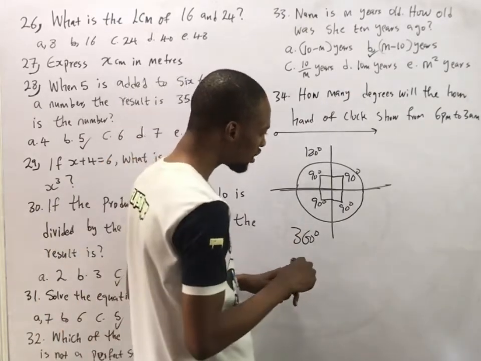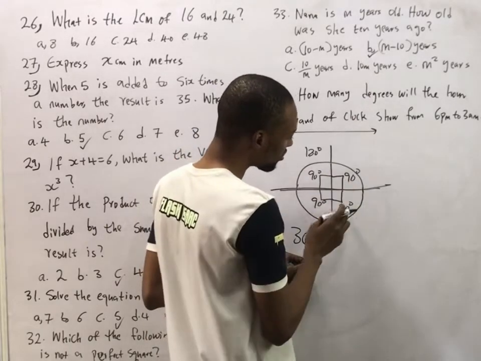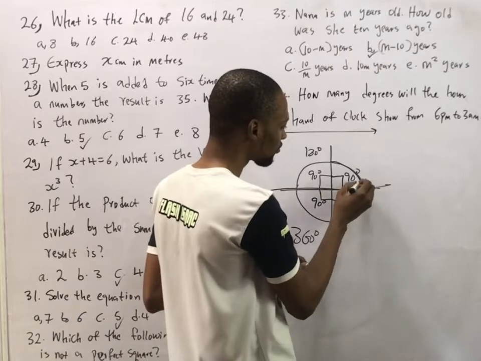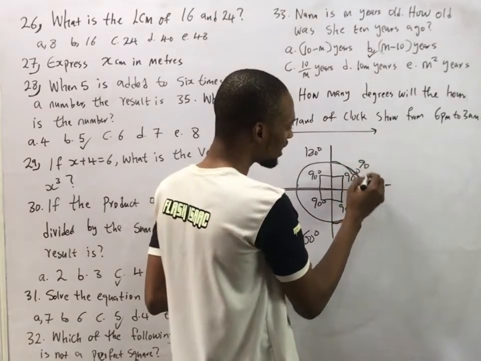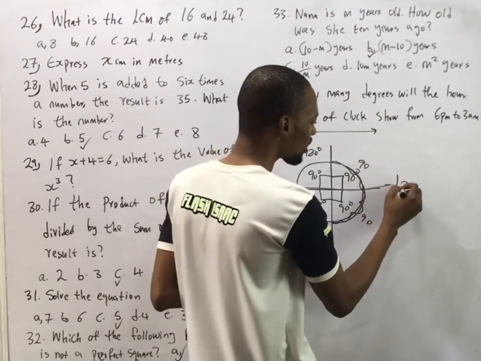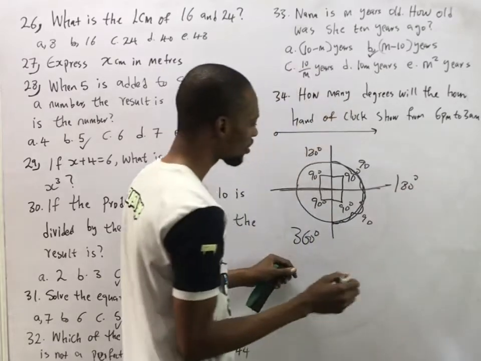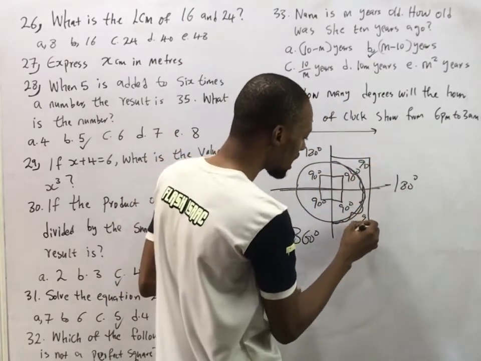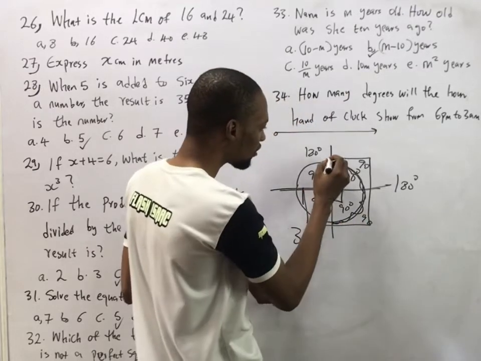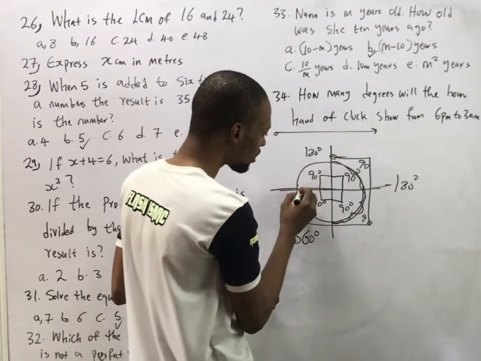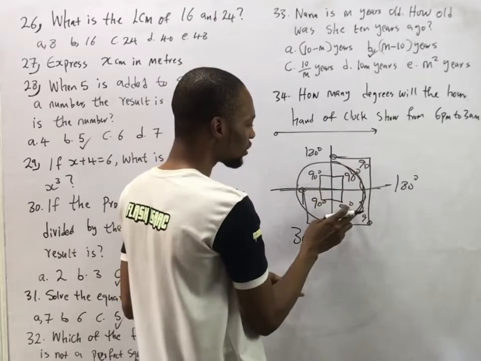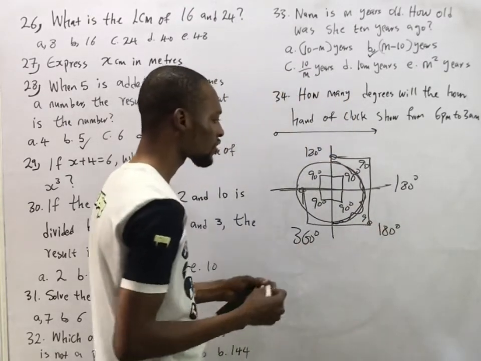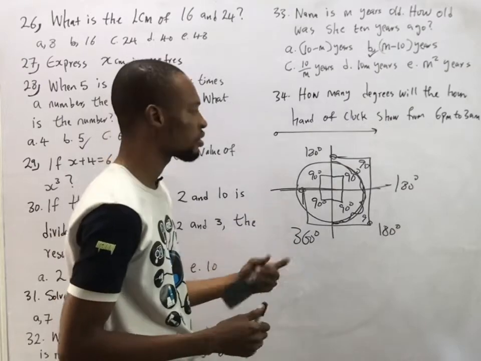Given this, from here to here is an angle on a straight line, which is simply 90 plus 90, that is 180 degrees. From the beginning to this place is simply 90 plus 90 plus 90. So this is how you deal with angles.